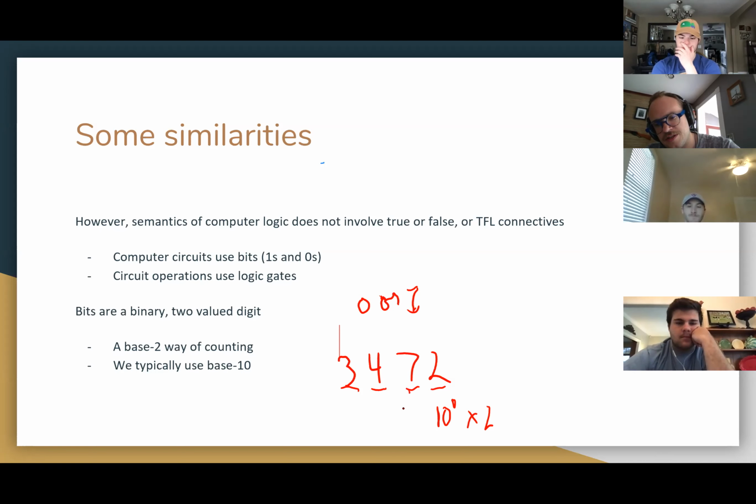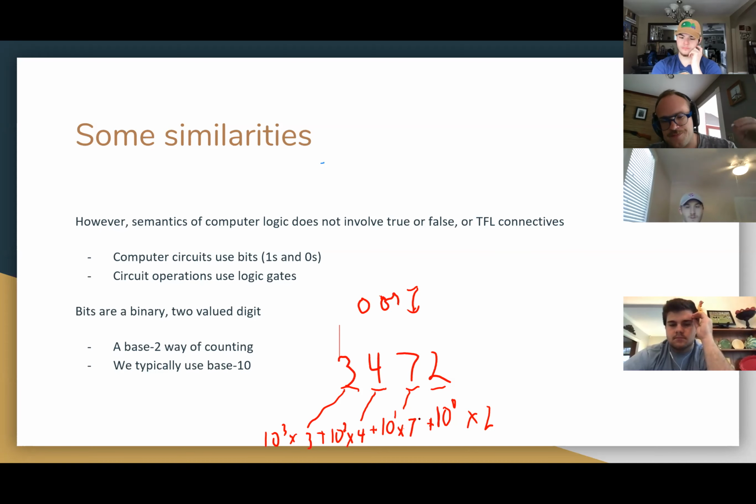And then the second digit place is counting the number of tens in the overall number: 10 to the power of 1 times 7. The third digit place is 10 to the power of 2 times 4. And the fourth digit place is 10 to the power of 3 times 3. If you add all those together, that operation gives you this number.